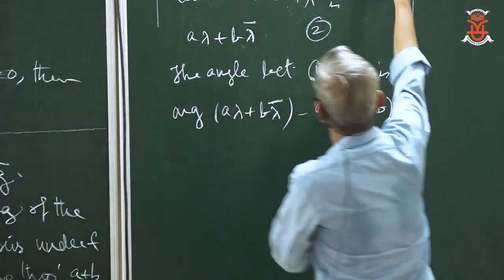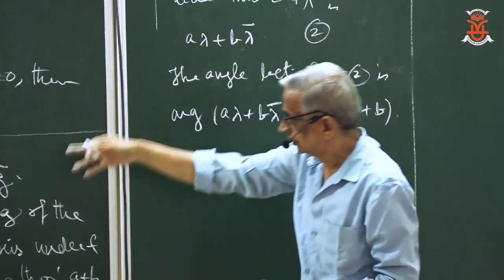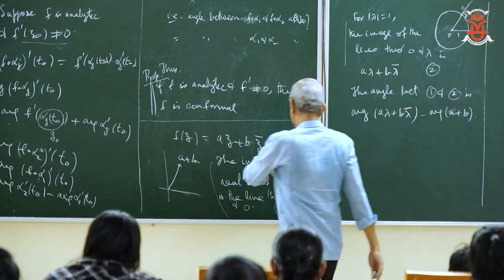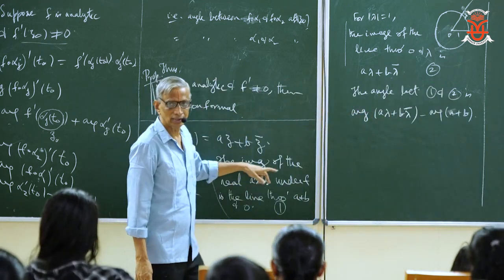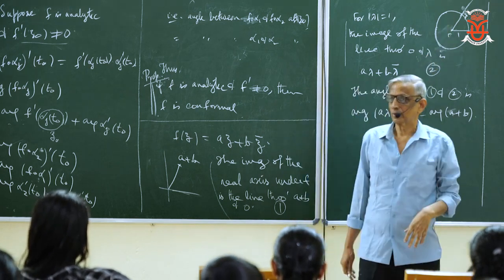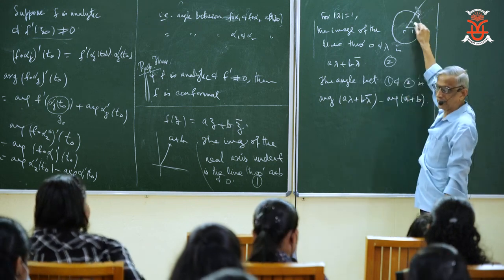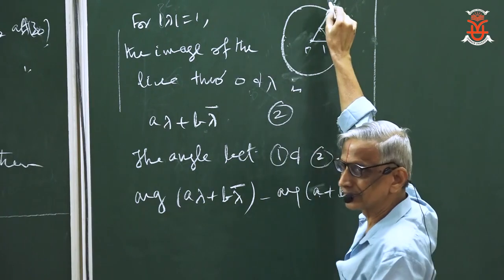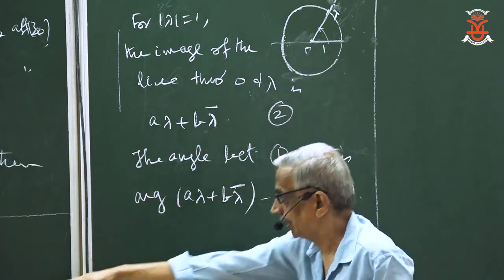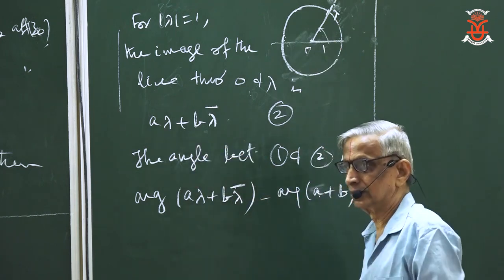What is the angle between the pre-images? So the real axis here and this line here. So the argument in that case is the argument of lambda. So this is the real axis, this is lambda. So this line is mapped to that. This line is mapped to this.